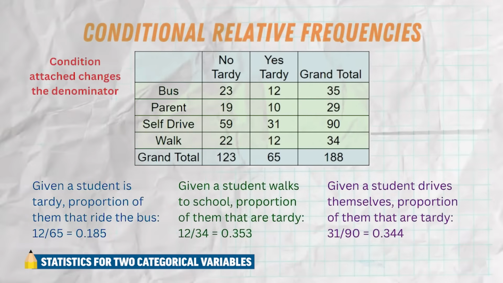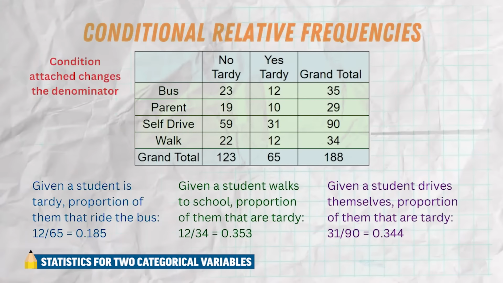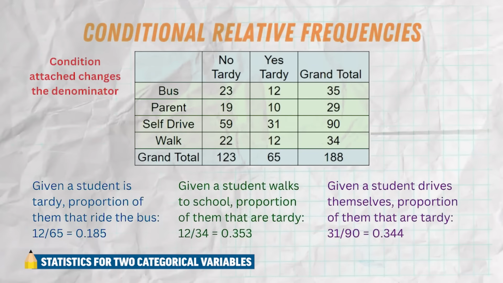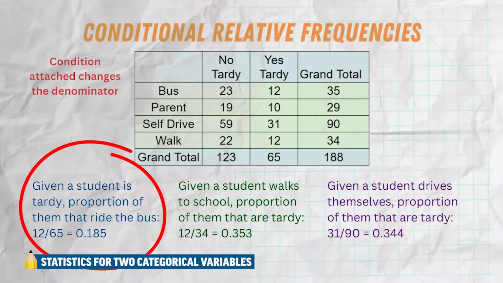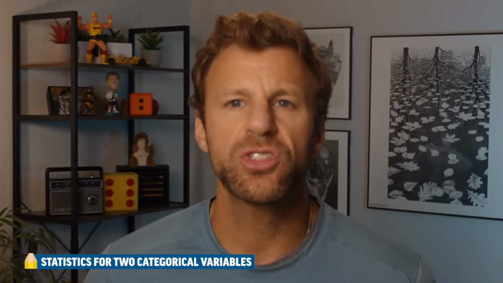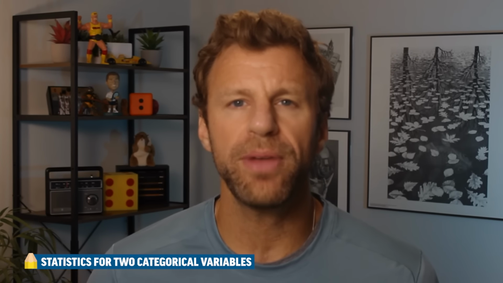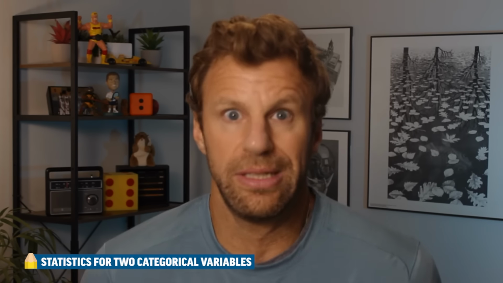Lastly, we have conditional relative frequencies. These are a little bit more confusing, but once you get the hang of it, it's really simple. The idea is there's a condition attached, and when there's a condition attached, it changes the value in the denominator. For example, you'll see, given a student is tardy, what proportion of them ride the bus to school? So the condition is that it's given that they were tardy. That means our denominator is only limited to looking at the kids that were tardy because it was given, right?